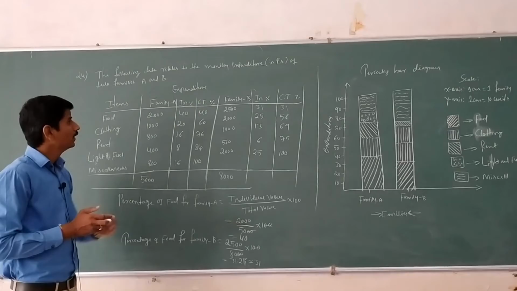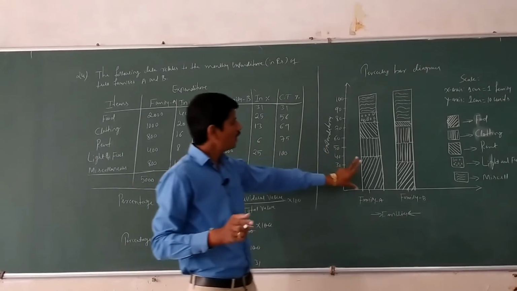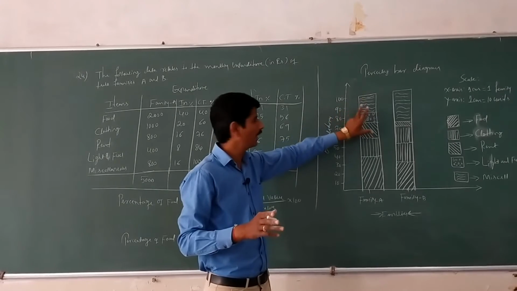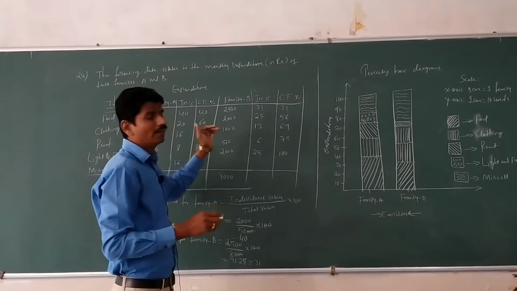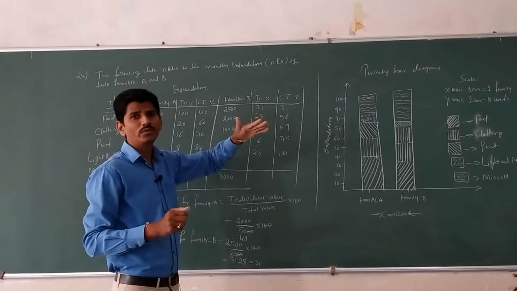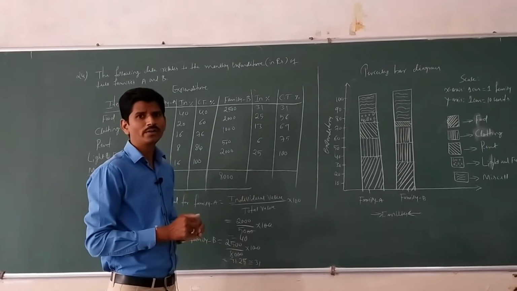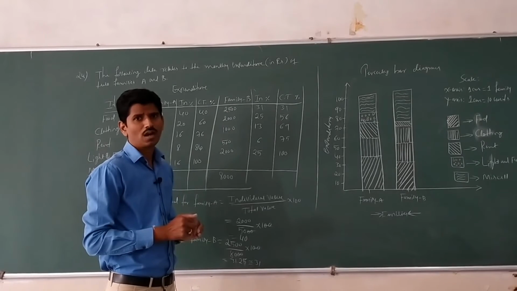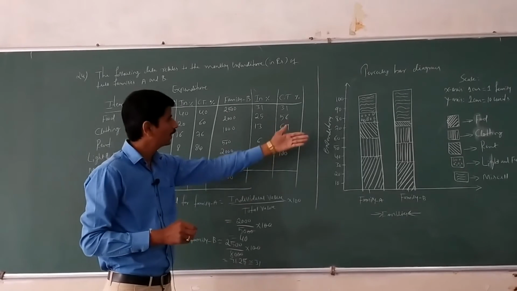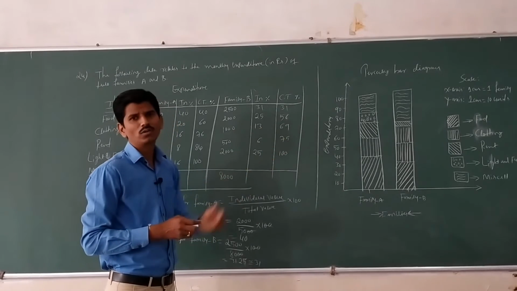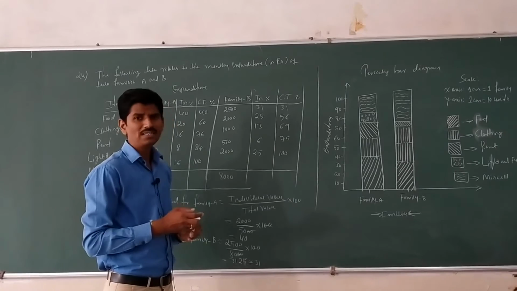Draw a rectangle with height equal to 100 each, and the bars are divided into segments according to their values, expressed as a percentage of the respective totals.